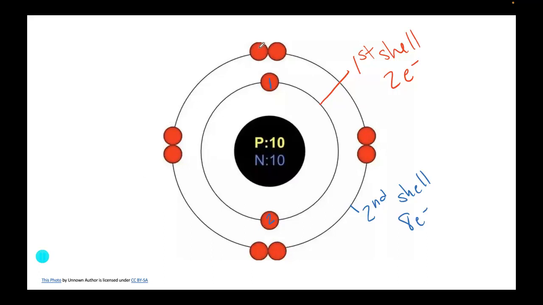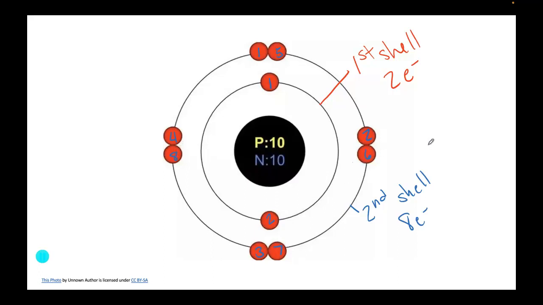So if we were going to draw this, we'd start on top and we'd draw 1. This would be our second electron if we had 2 in the shell, then 3, then 4. Then if we have to go around again, we're going to go 5, 6, 7, and 8. It'll just make it easier for us to see.